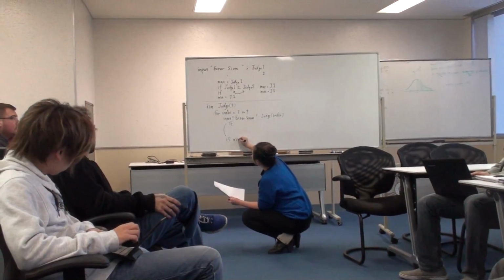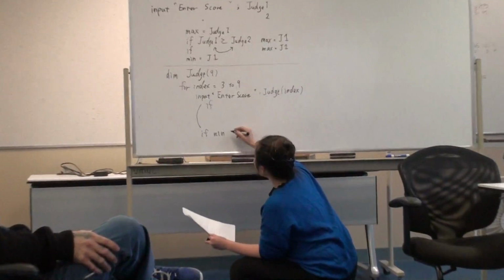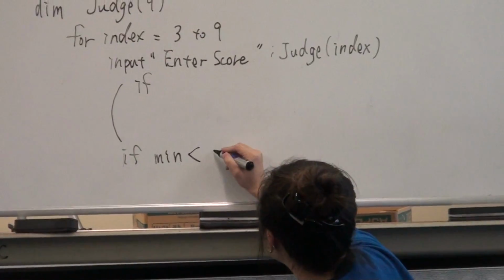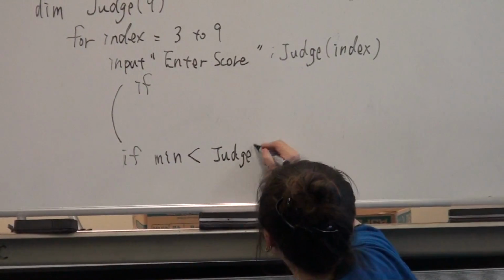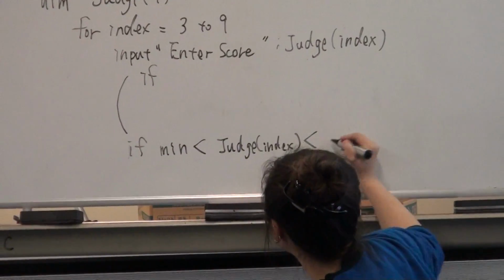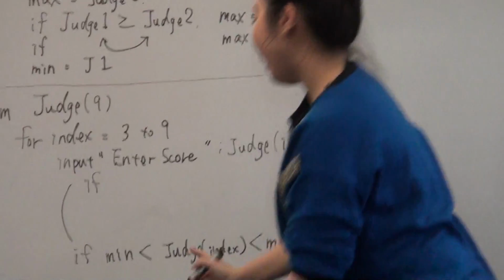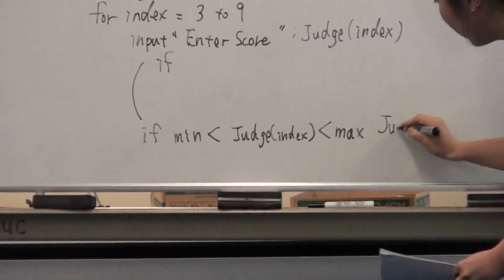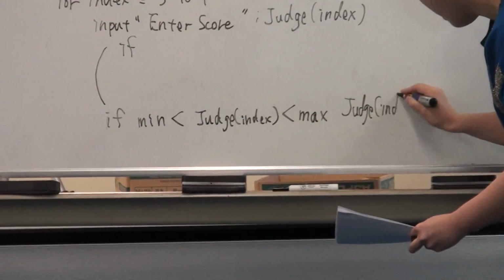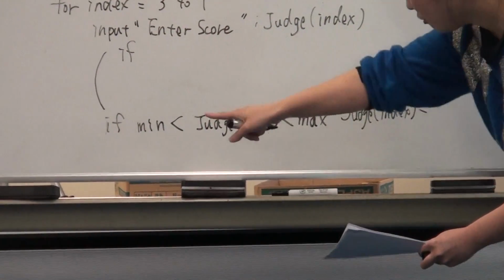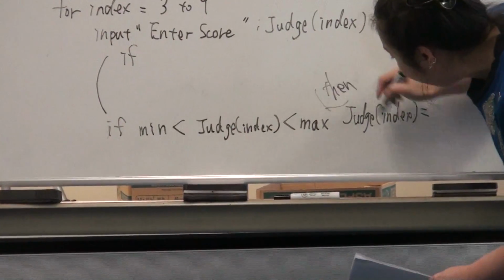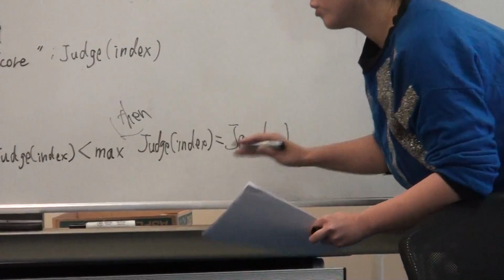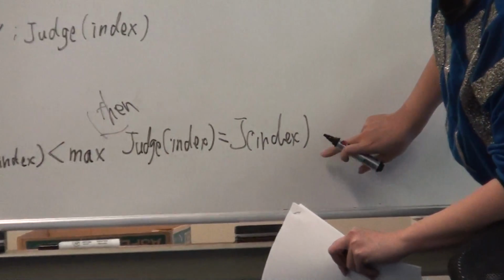If the judge index is inside of the minimum and max, in that case, no change for the judge index. So just put the judge index equals judge index. So I won't miss these things happening.